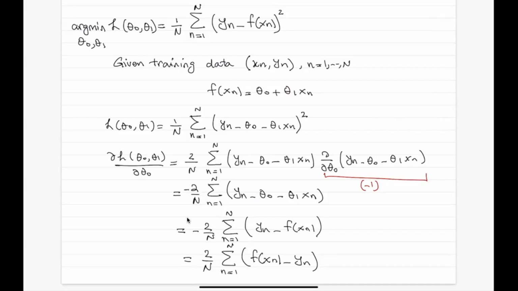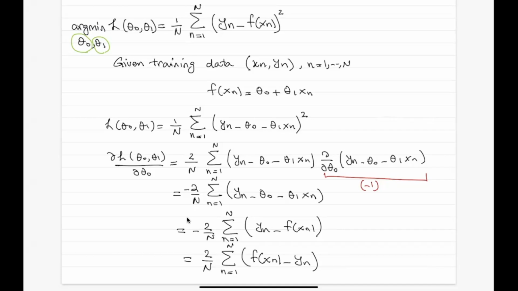Okay, so just to recap, remember that this is the optimization problem that we have. We want to minimize this mean squared error where we have these two optimization variables, theta 0 and theta 1. The goal here really is to find these minimizers theta 0 and theta 1, so for what values of theta 0 and theta 1 this loss or cost function achieves its minimum value.